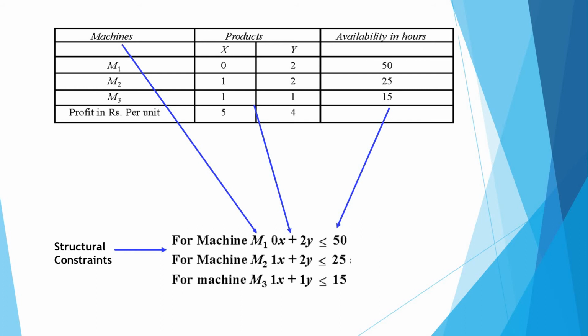For machine M2, the x product requires 1 hour, so 1x, the y product requires 2 hours, so 2y, and maximum you can use machine M2 for 25 hours. Similarly, for machine M3, time slots in hours for product X and Y are 1 hour each and maximum you can use for 15 hours. So we have 1x plus 1y less than or equal to 15.